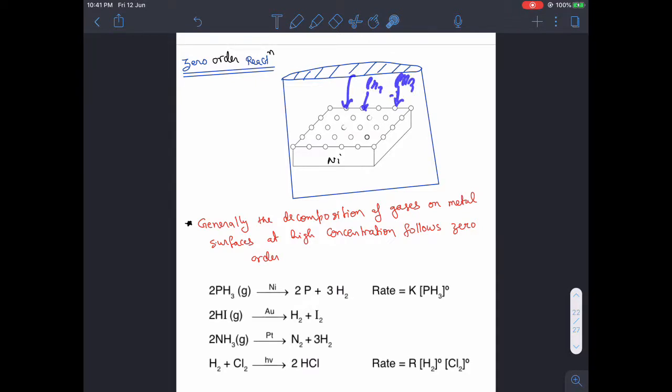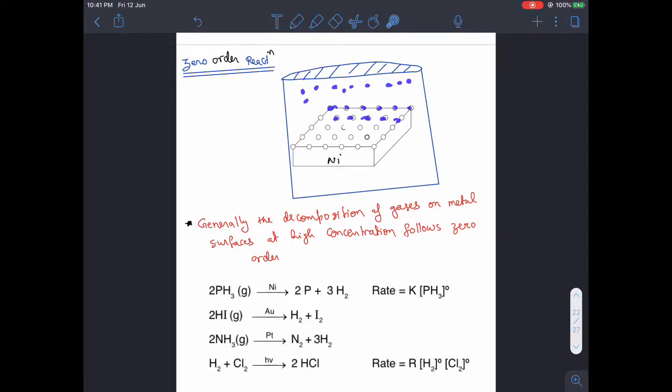Suppose we have a very small concentration of PH3, what will happen? It will occupy only a few sites, and only a few will decompose.